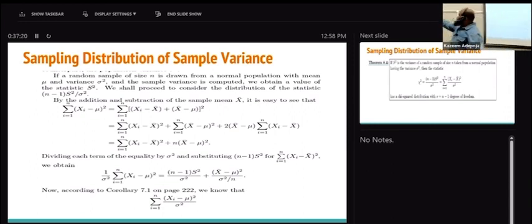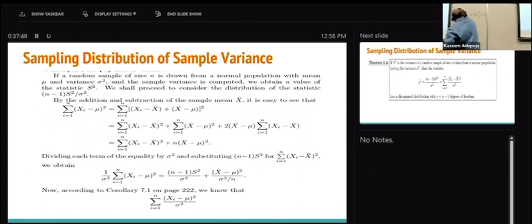Now, when the other entity becomes 0, look at what we have now. We are left with summation (xi minus x bar) squared plus summation (x bar minus mu) squared, I start from 1 to n.